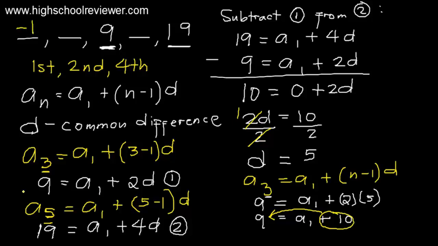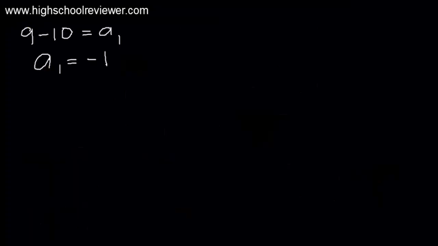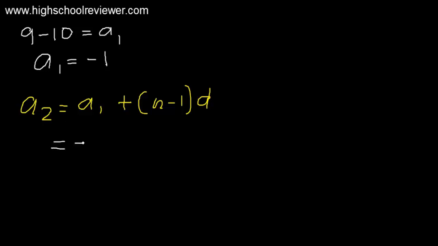Let's now find the value of the second term. So a sub 2 would be equal to a sub 1 plus n minus 1 multiplied by d. Our value for a sub 1, again, is negative 1. So we have negative 1 plus, our n here will be positive 2.